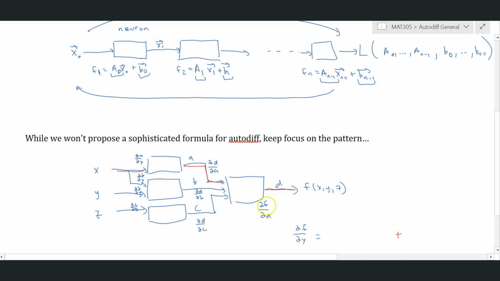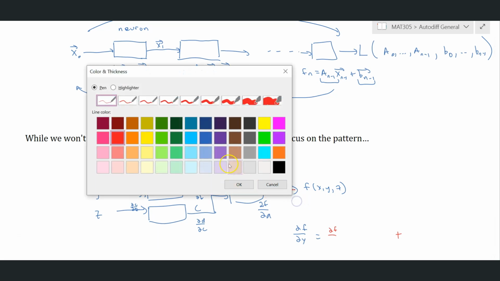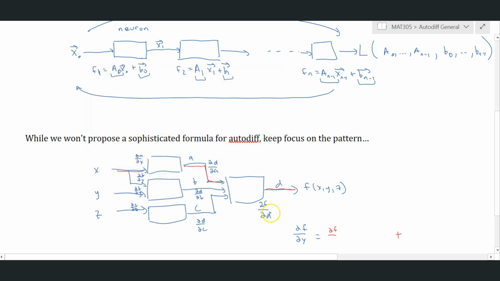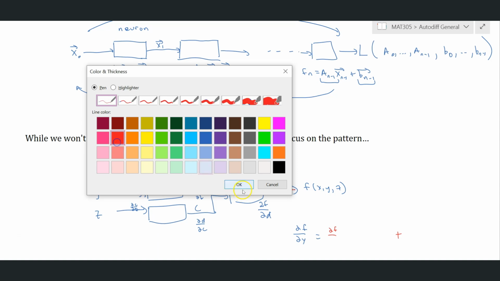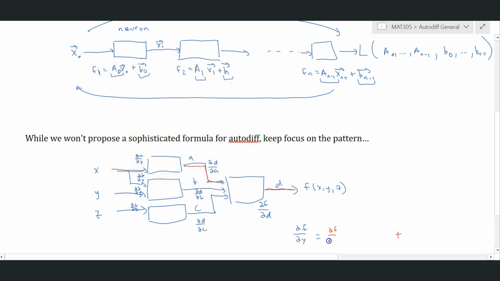So the first derivative there as we pass through will be df/dd. Oh, we forgot 1 here. This should be df/dd, I'm sorry, my handwriting's a little sloppy. Now that's going to be 1, because f and d are the same, and the reason we're labeling it d here is because this could produce one output and also lead into another output somewhere else.